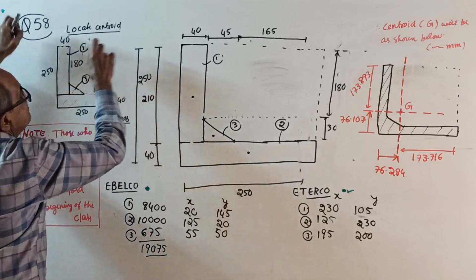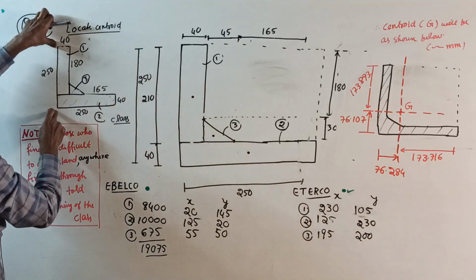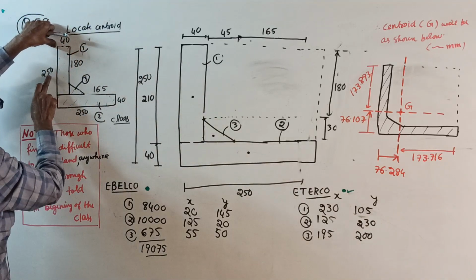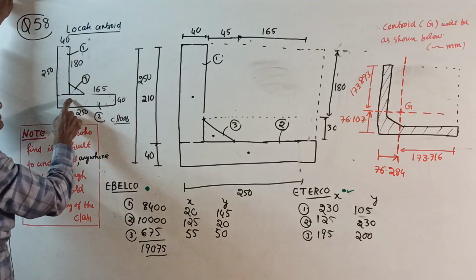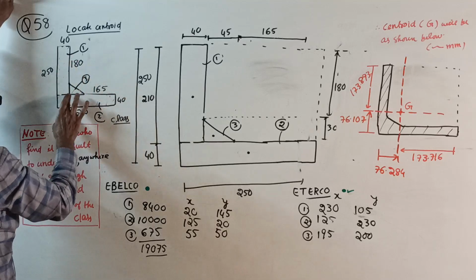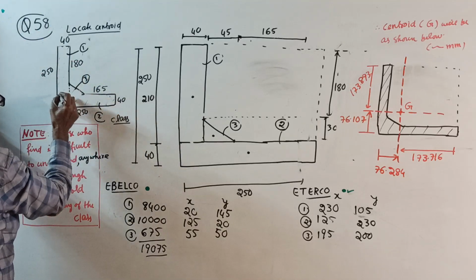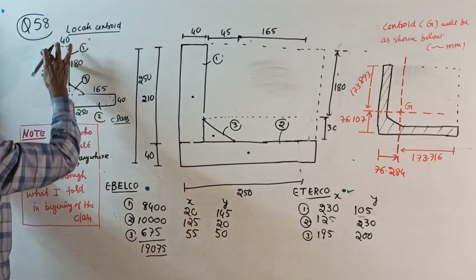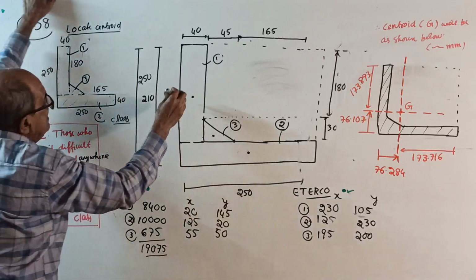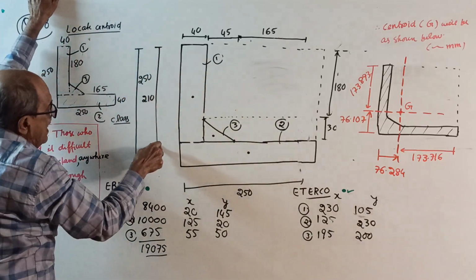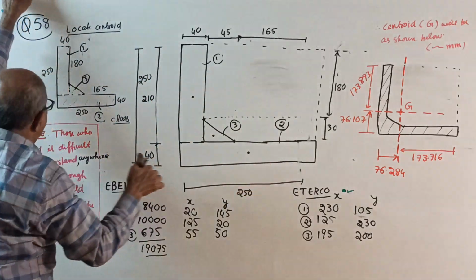For 1, the 40 by total 250. This 250 was given earlier, with the dimension shown by a dotted line. From 250, subtract 40, that is 210, and then 40, so the total is 250 lengthwise.